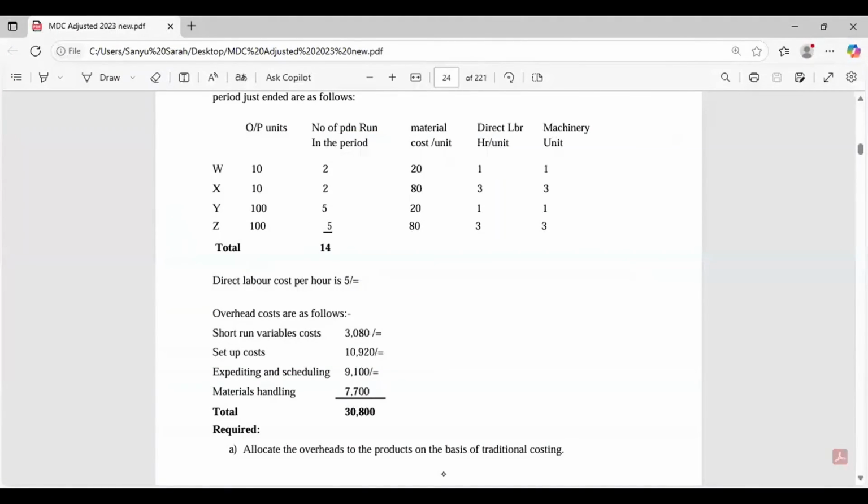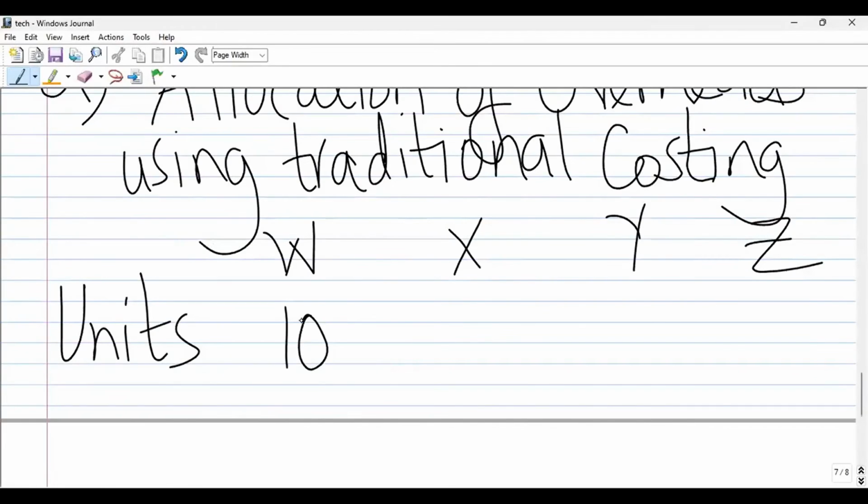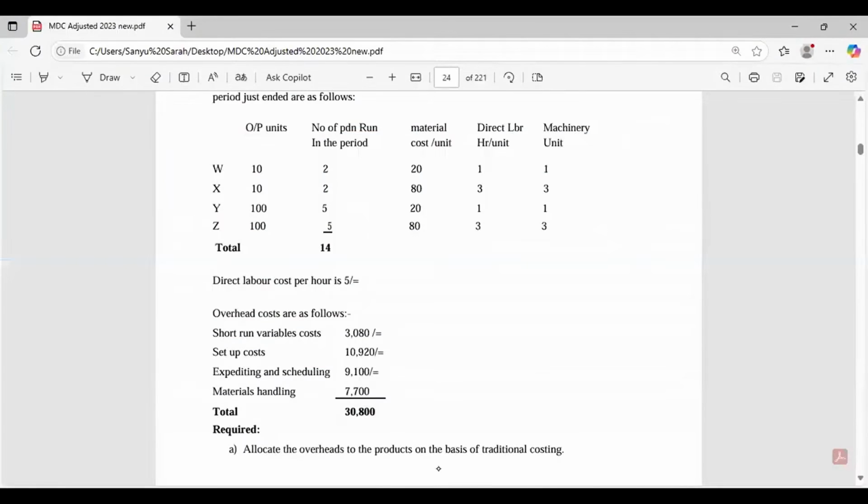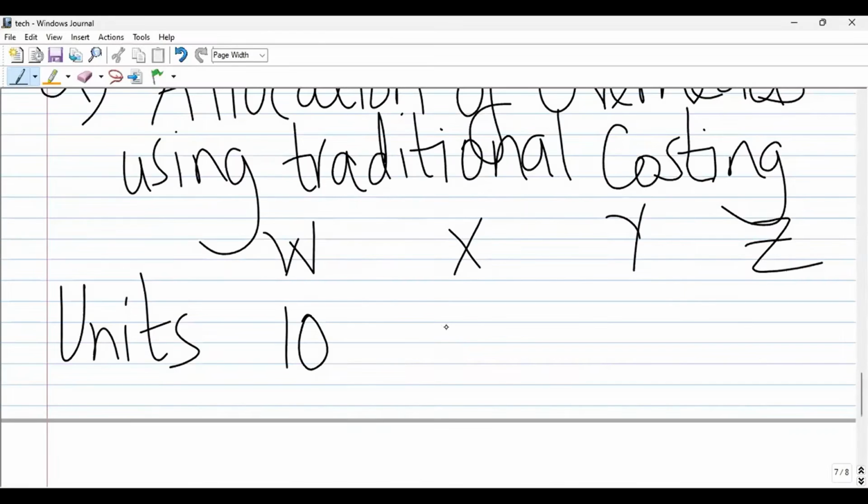So I come and show units. W we have 10, X we have 10, Y 100, Z 100.